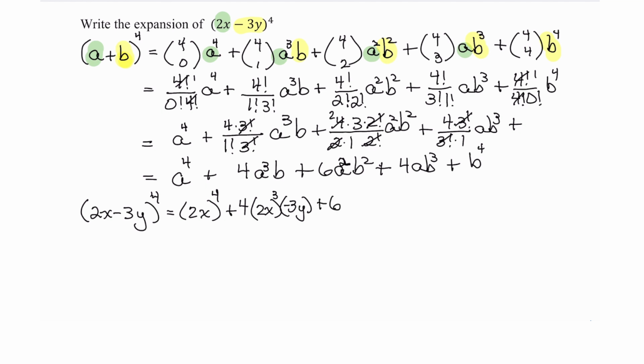Plus 6 times the quantity 2x squared times negative 3y squared plus 4 times the quantity 2x times my negative 3y to the third, and then plus in this last term my negative 3y to the power 4.